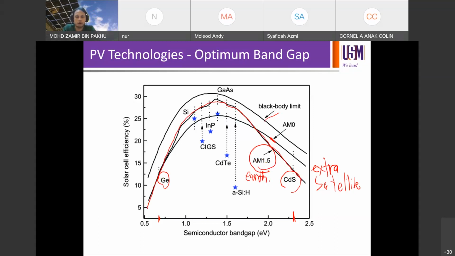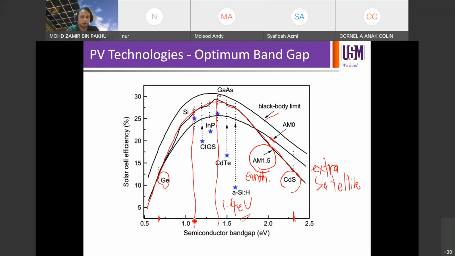So with the AM 1.5G solar spectrum, the optimum band gap is around 1.4, which belongs to gallium arsenide. Look at silicon. Silicon is 1.1.